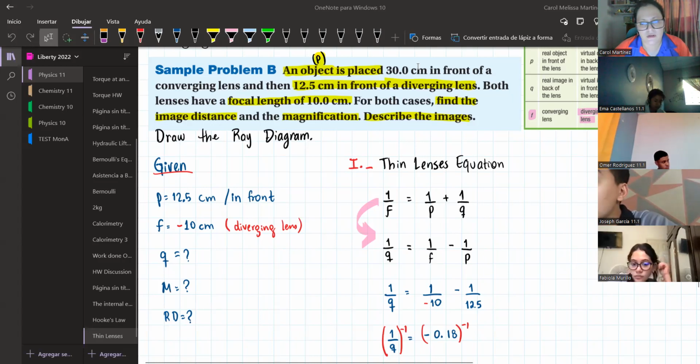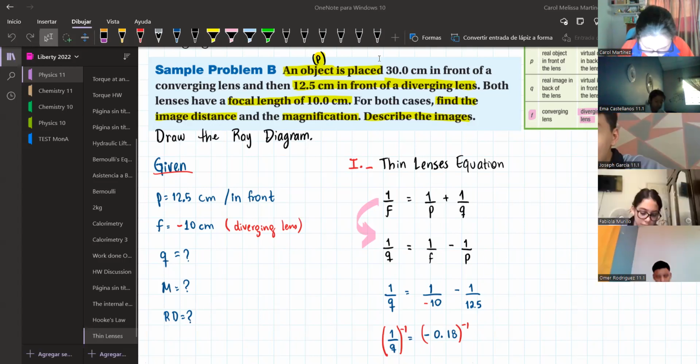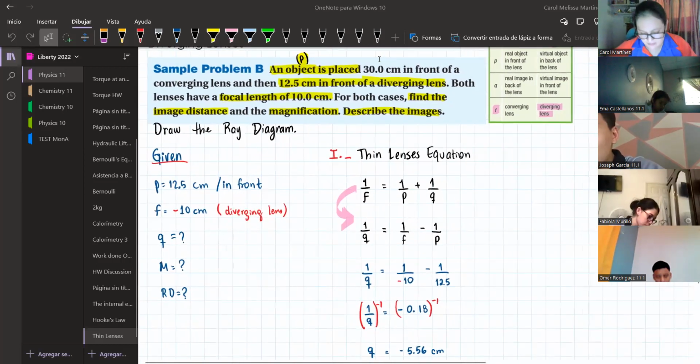So how much did you get? Negative 5.56 centimeters. So you get Q over 1, or just simply Q. Q over 1 equals negative 5.56. And these are centimeters because the units given in the beginning were centimeters.